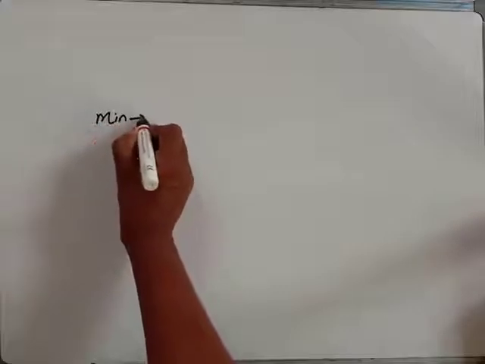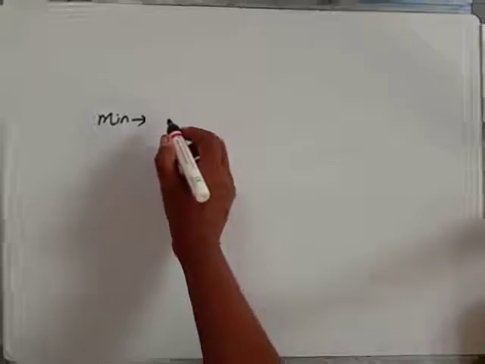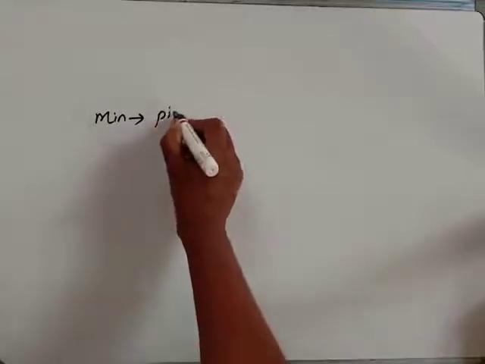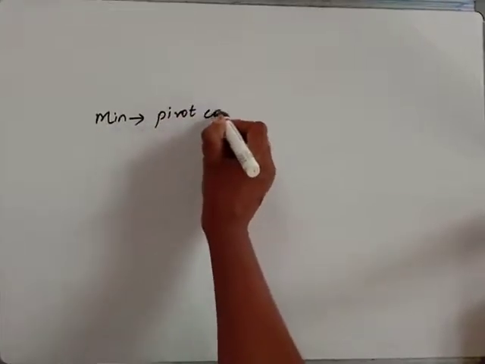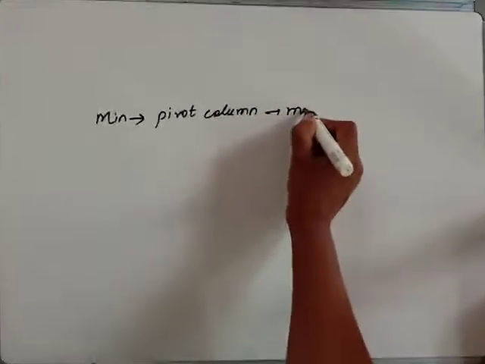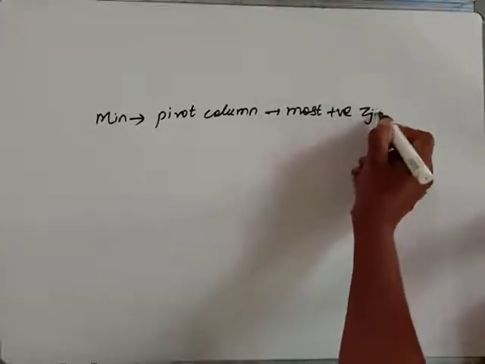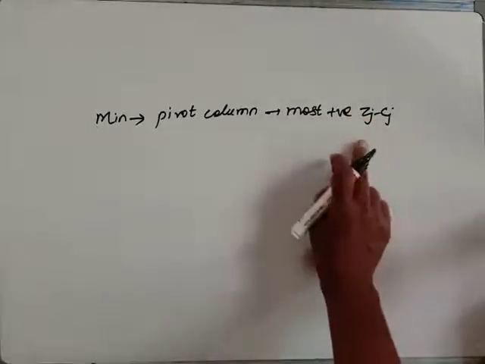Hello students, in this video let us see a minimization type of problem using the conditions for minimization itself. If it is a minimization type of objective function, then for the pivot column we have to look for the most positive Zj minus Cj for the improved table.